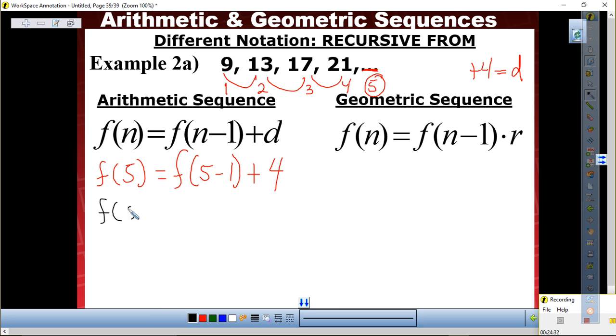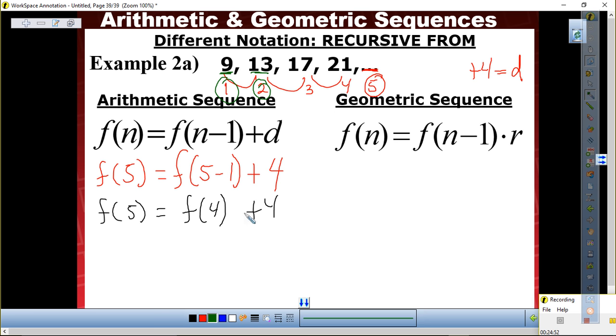F of 5 equals, look at this part. Look up. What is F of 5 minus 1? F of 4. So let me ask you this. What is F of 1? What is F of 2?